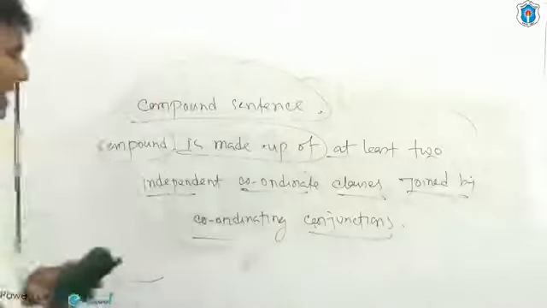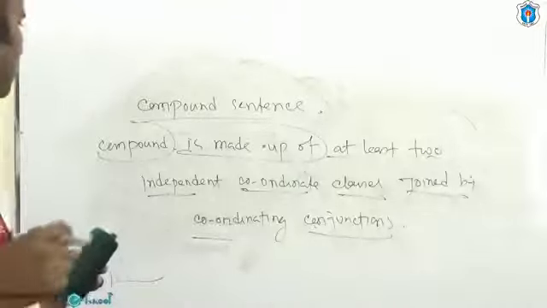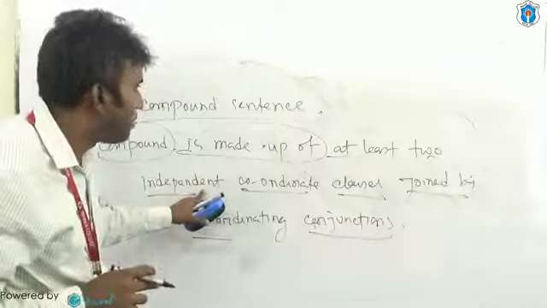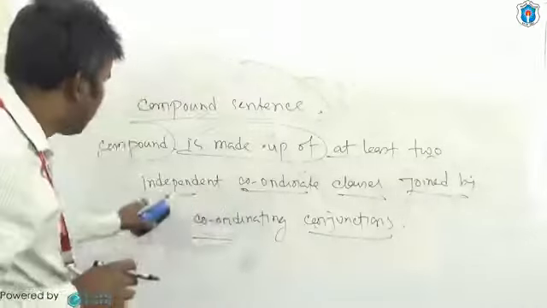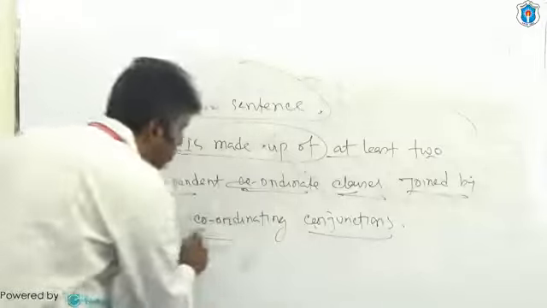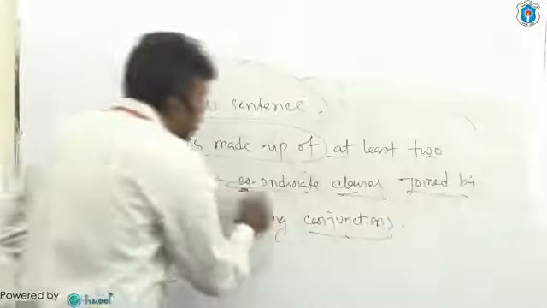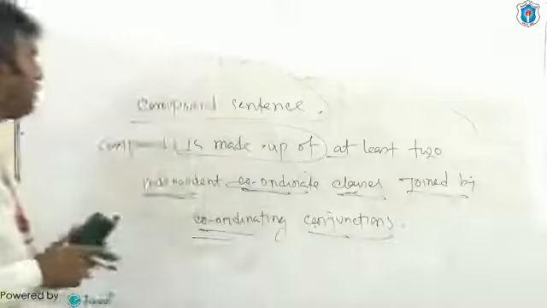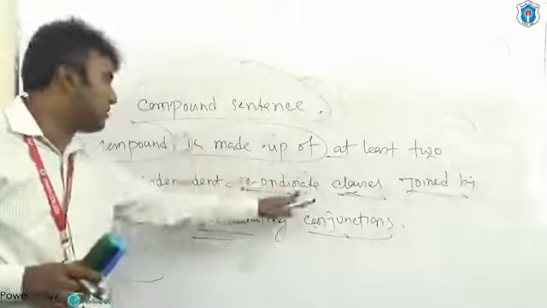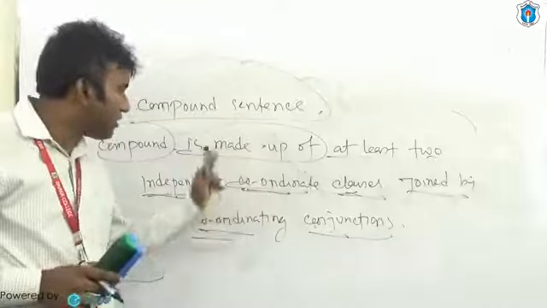From this line, three topics come to our ear or mind. One is coordinate clause, another is coordinating conjunction, another is independent coordinate clauses. We need to learn what independent coordinate clause is. We need to learn what coordinating conjunctions are.